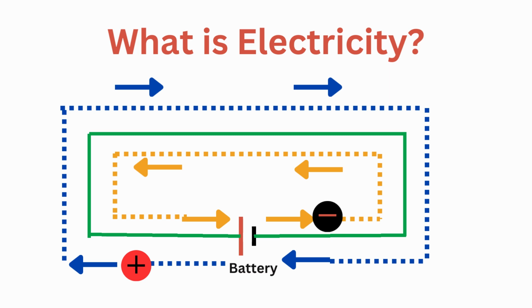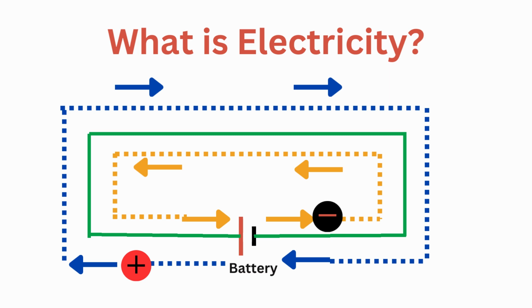So, the negatively charged electrons in the conductor material that is shown in green get attracted to the positive terminal and start moving. So, at the atomic level, the electrons from the outermost orbits start getting detached and start moving towards the positive terminal. This causes the flow of electricity, whose direction is along the yellow line.